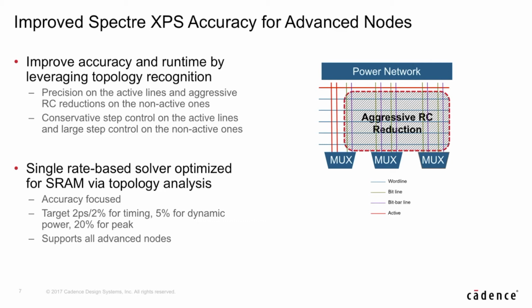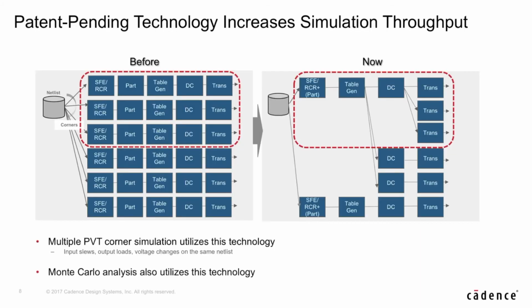For the quiet region, we can provide larger step controls and apply aggressive RC reductions in the non-active area. That way you get the accuracy, but at much better performance. That's a unique technology in our simulator.